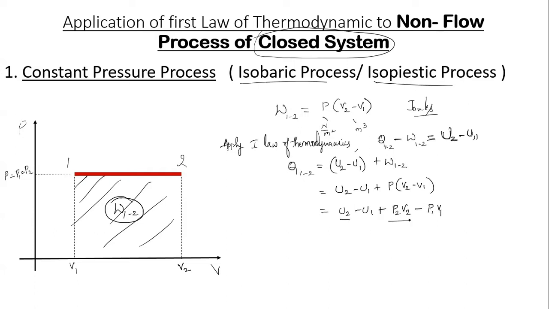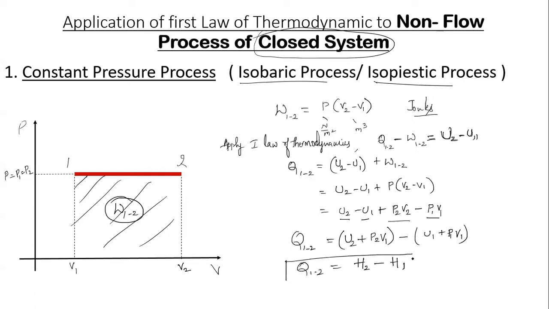Now, this term, if I take on a separate side, and in these two, U1 and P1 V1, if I take minus outside, it will become U1 plus P1 V1. And it is a summation of internal energy and product of pressure and volume. That is nothing but enthalpy, H2 minus H1.